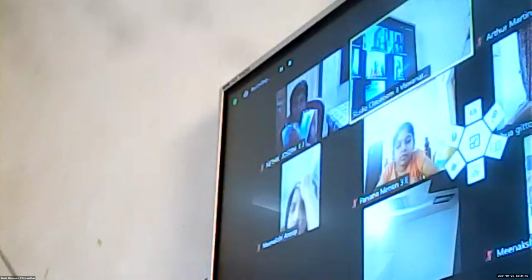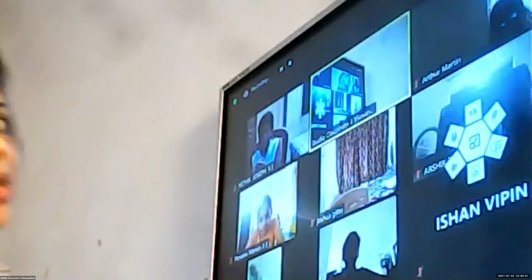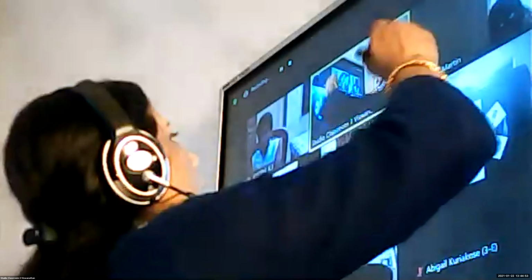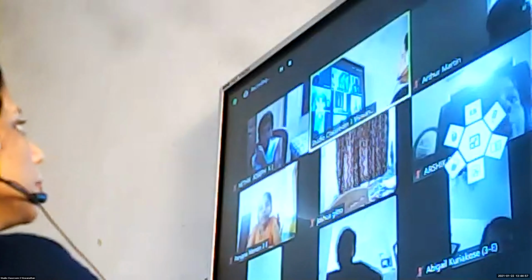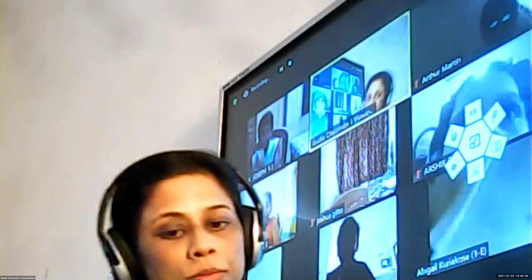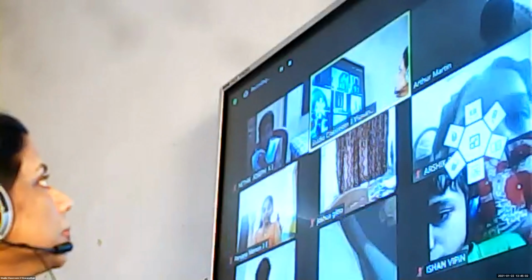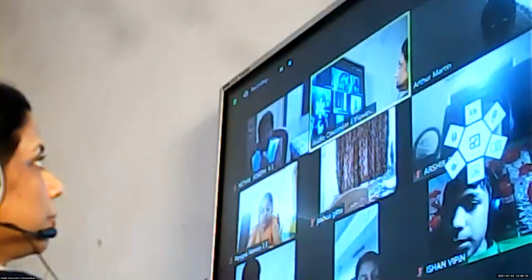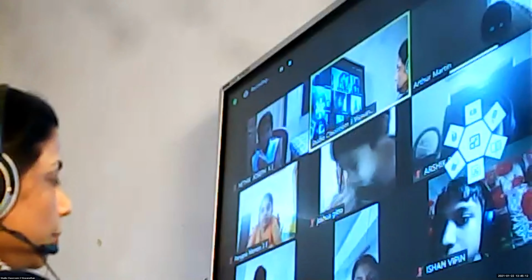In the last session, we already learnt about what a pronoun is. Now, Ada, come on, tell me what is a pronoun. Yes, Ada. A pronoun is a word that stands instead of a noun in order to avoid its repetition.